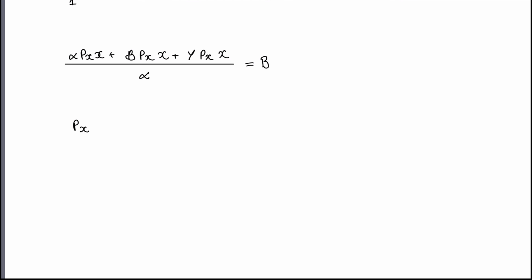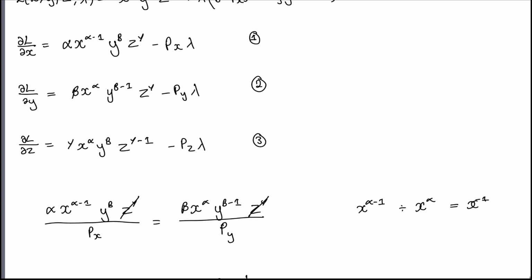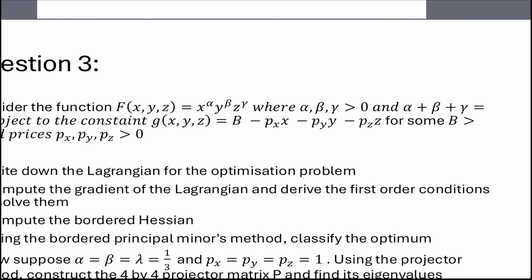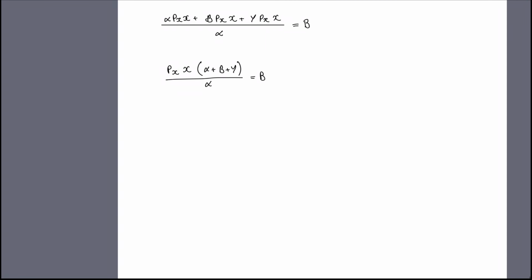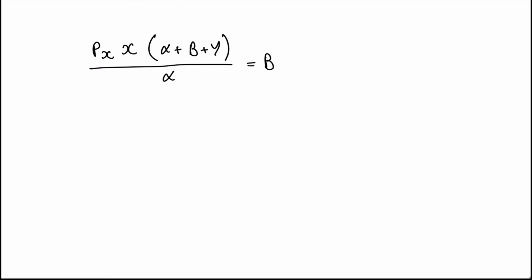What I can now do is factorize out px x, and I'm left with alpha plus beta plus gamma all over alpha is equal to b. And if we have a look back at the question, we know that alpha plus beta plus gamma is equal to 1. So we get px x over alpha is equal to b, because all of this is just 1.